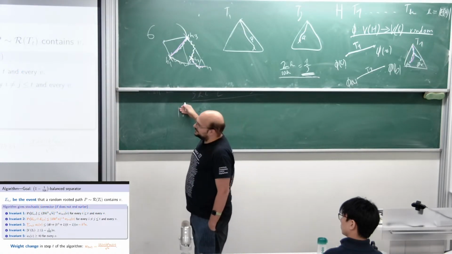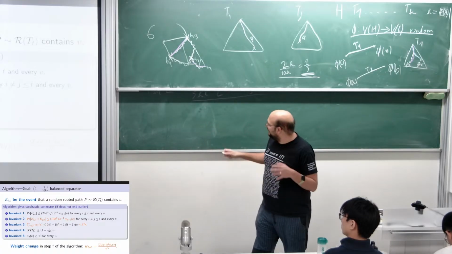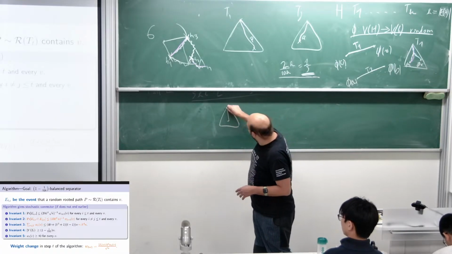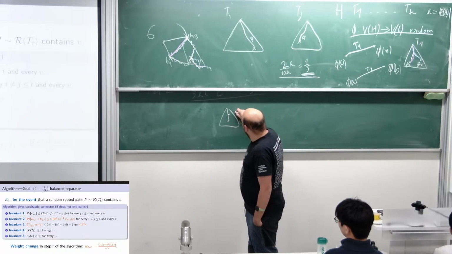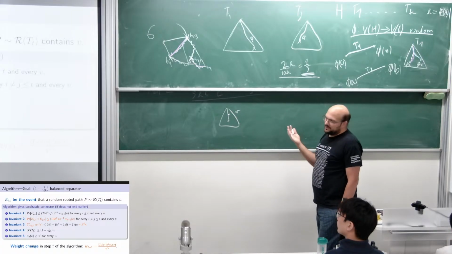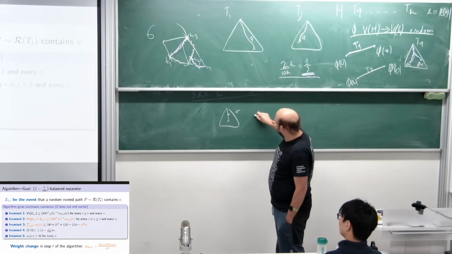So what does invariant 1 say? We would like to know the probability that if we take a random path to the root, it contains v. So now we would like to look at how we assigned weights.